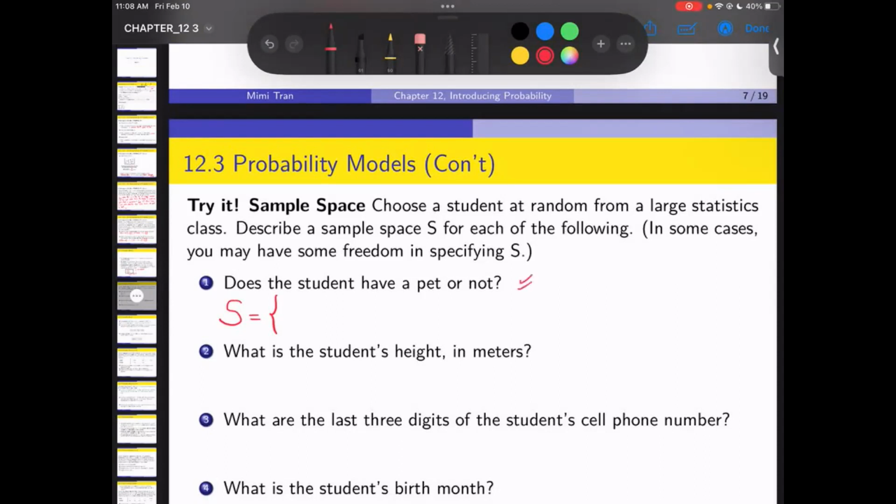Two, right? Either you have a pet or you don't. That's only two options. So let me see how I write it. Pet or no pet. I'm gonna write it like that.